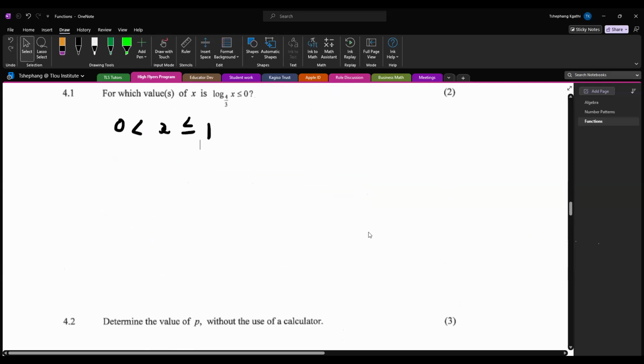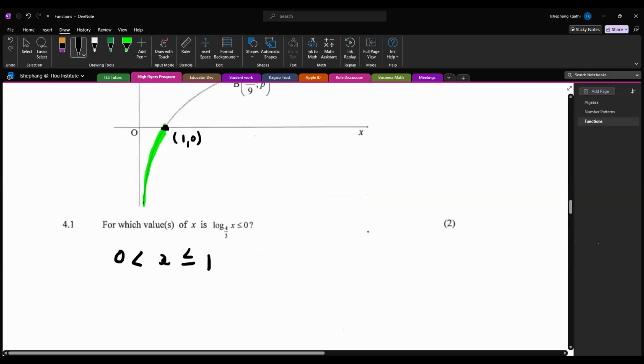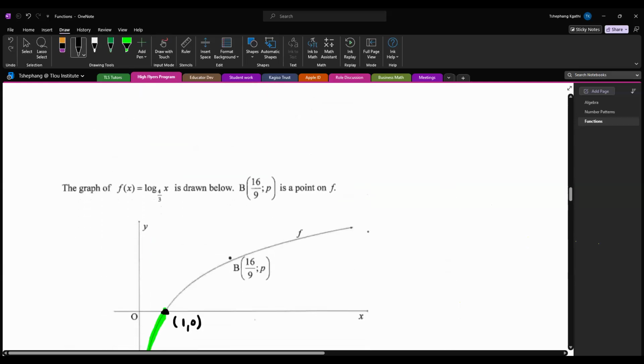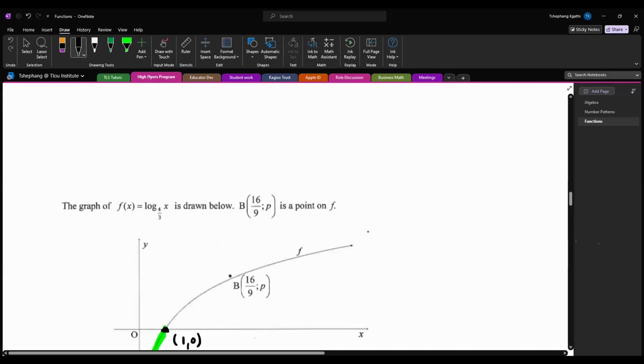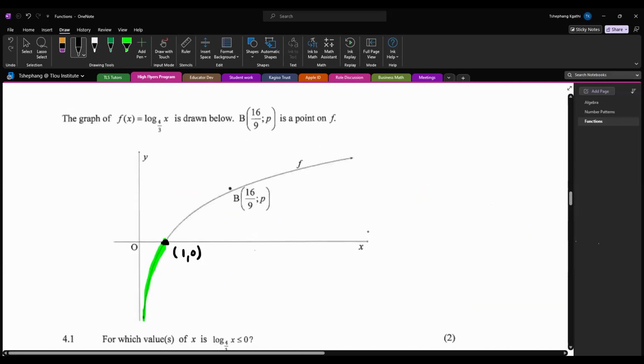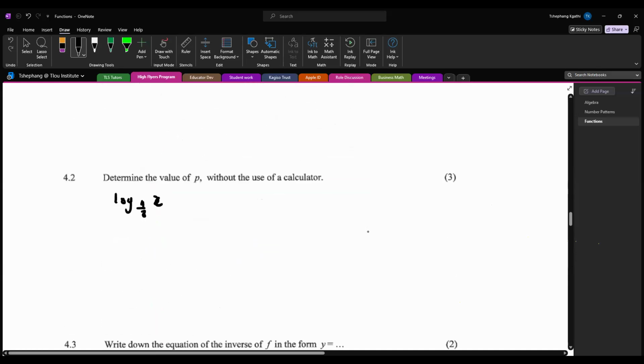Now, our graph is y equals log base 4/3 of x, and B has coordinates 16/9. Okay. So y is equal to this.